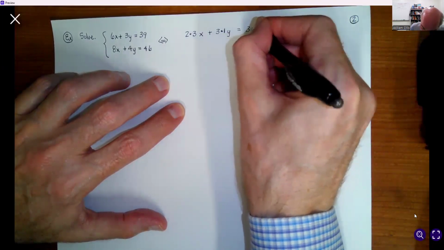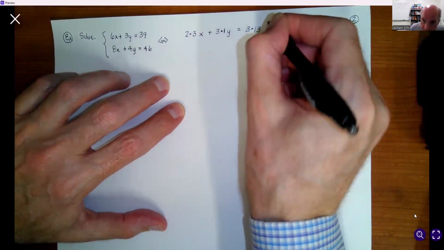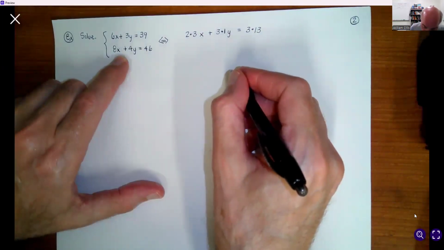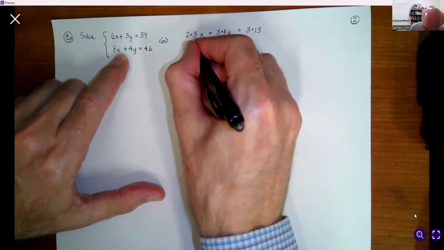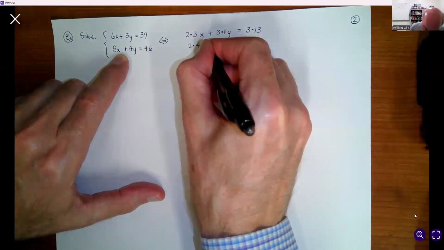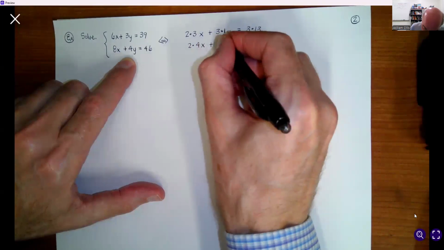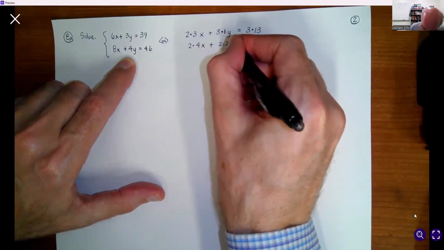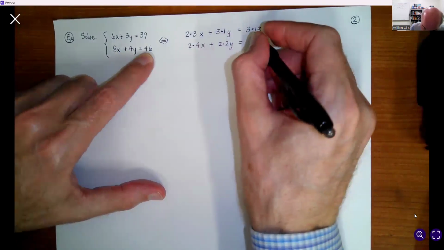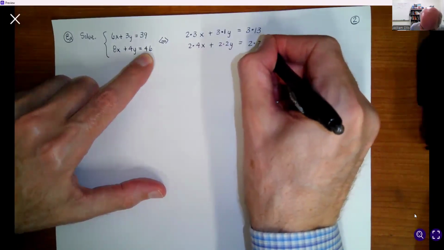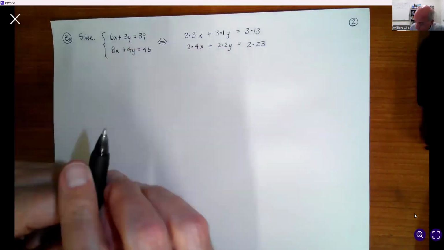And then we have the 3 times 13. And then here we can do the same thing with the 2. 2 times 4x plus 2 times 2y, and then 2 times 23, just simple factorization.